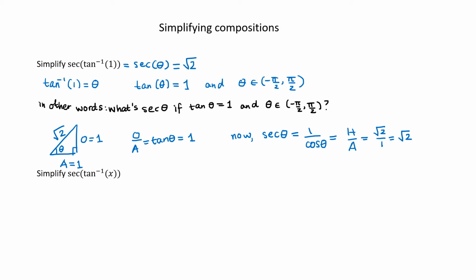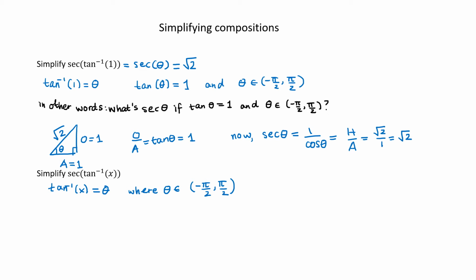Let's do the same sort of rewriting. Inverse tangent of x is going to be outputting angles theta where theta is between negative pi over 2 and pi over 2.